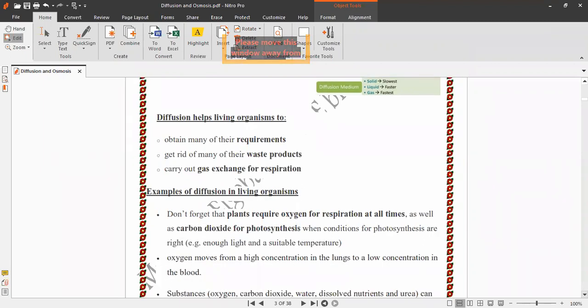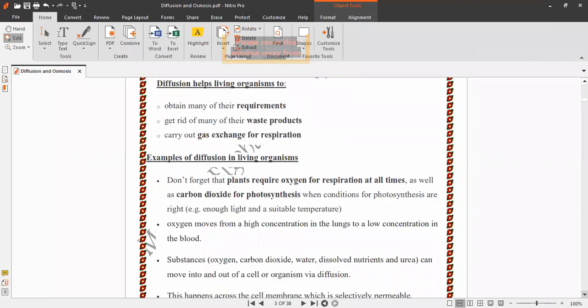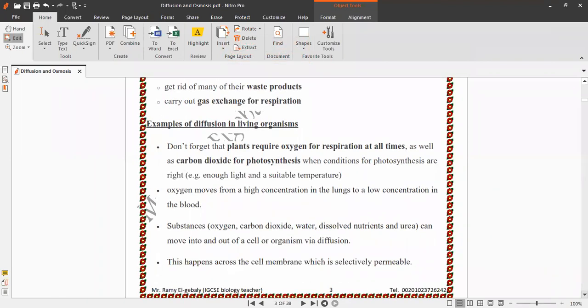Let's see some examples of diffusion in living organisms. Plants require oxygen for respiration all the time. This oxygen comes from where? It comes from air through stomata. And also carbon dioxide produced from the photosynthesis process diffuses.